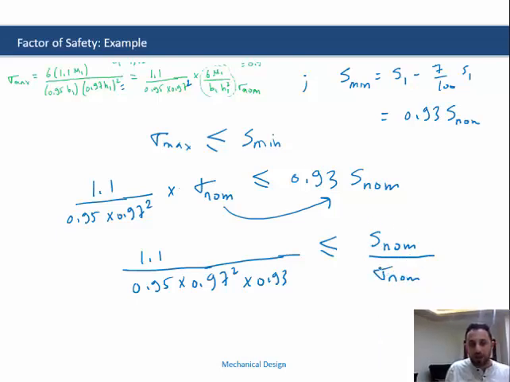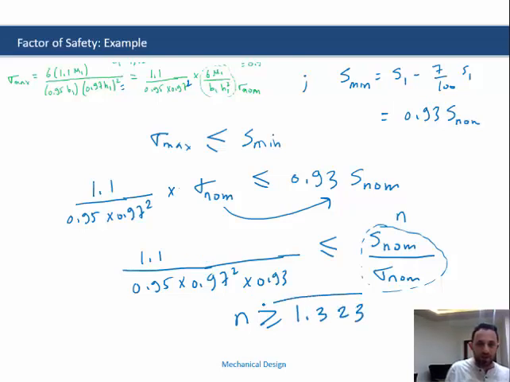Because those are normalized and they are on the same size, I mean the strength and the sigma both are nominal, then this is the factor of safety n. So the factor of safety n must be greater than or equal. We can calculate this and would end up with 1.323. So this is the factor of safety.